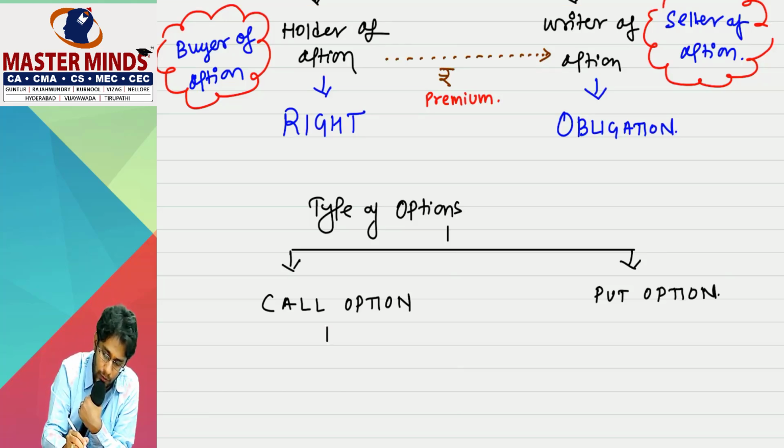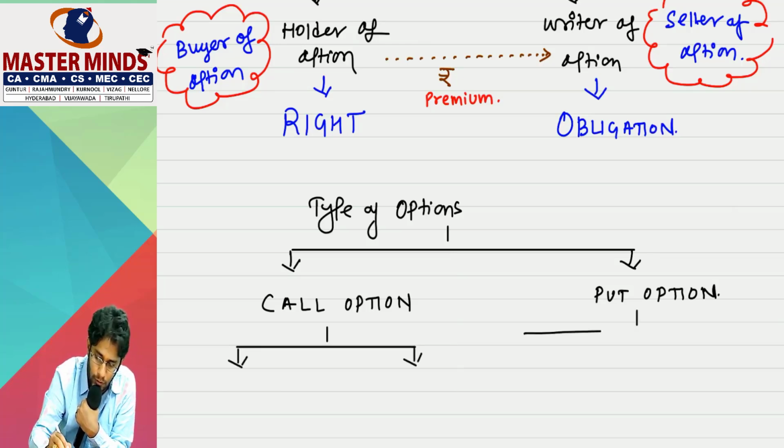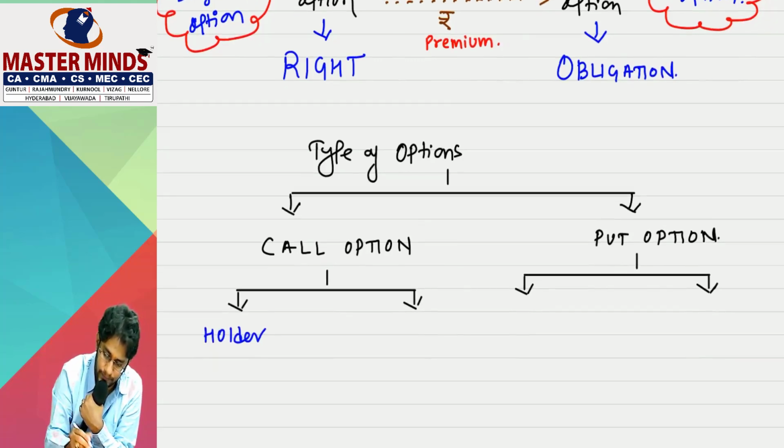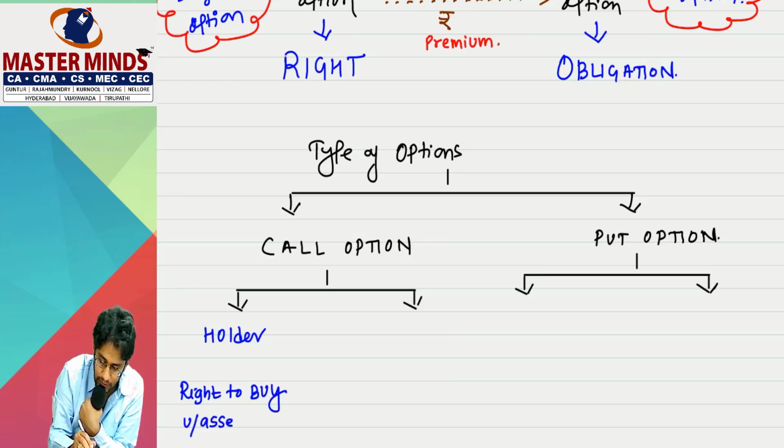Now in a call option, the holder, the writer, the rights and obligations you have to understand. That's all. With that, the drama gets over. A call option holder will have the right to buy the underlying asset.